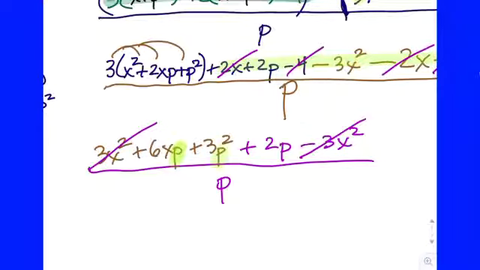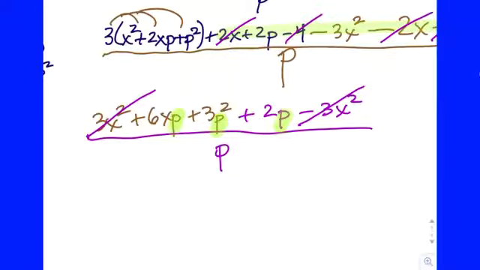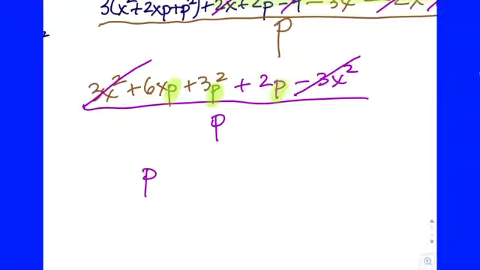They all have at least a p in common, and that will always be the case. Whatever that variable is in the denominator, what is left should all have that variable in it. And everything else that doesn't have that variable should cancel. Okay? It will always work that way. Which means, in this case, we can factor out the p from the top. So that leaves us 6x plus, we're still left with 1p from a p squared and plus a 2.